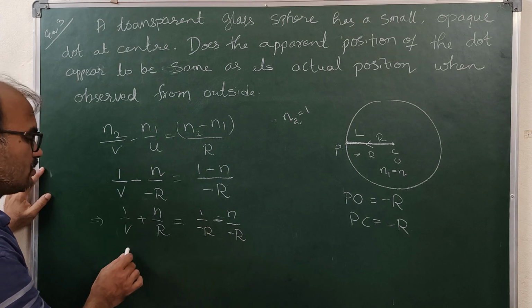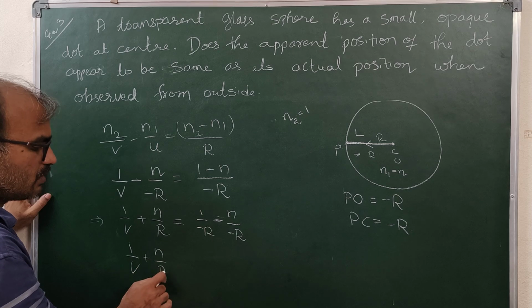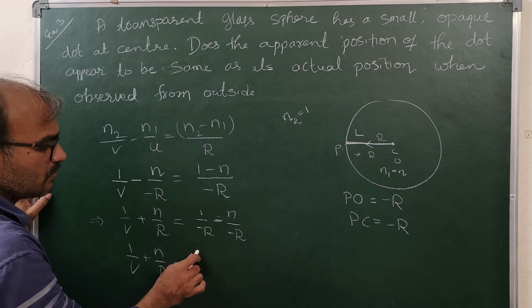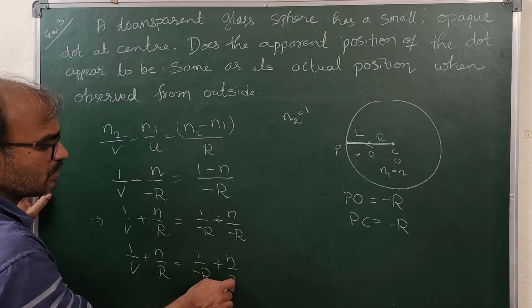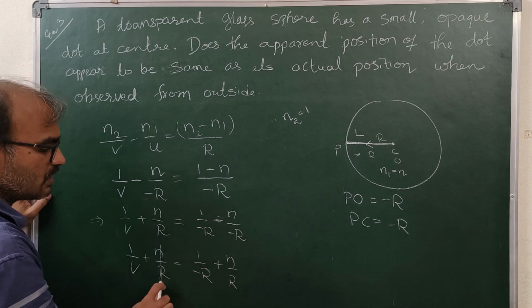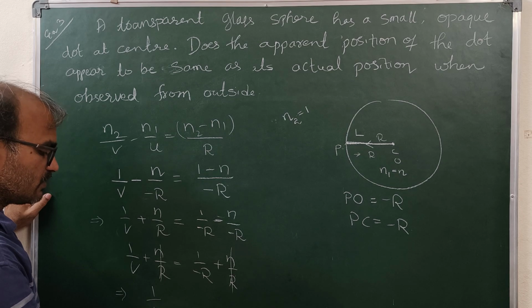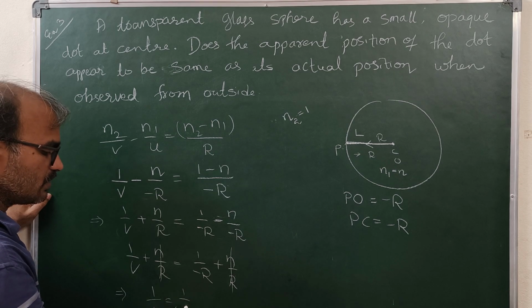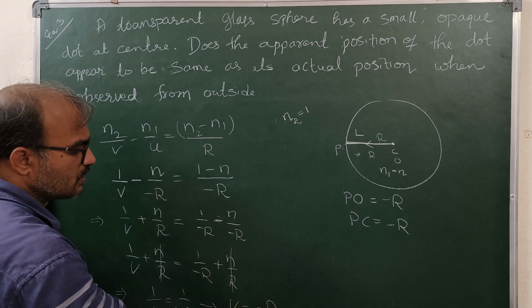This implies 1 by V plus N by R is equal to 1 by minus R plus N by R. N by R on the left and right side you can cancel directly. This implies 1 by V is equal to 1 by minus R. This implies V is equal to minus R.